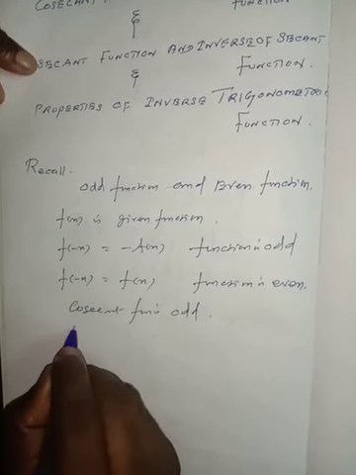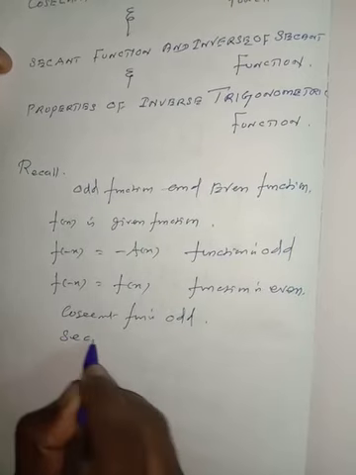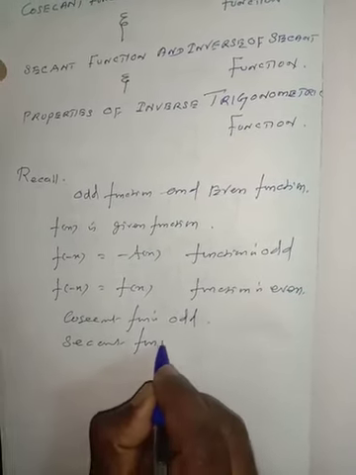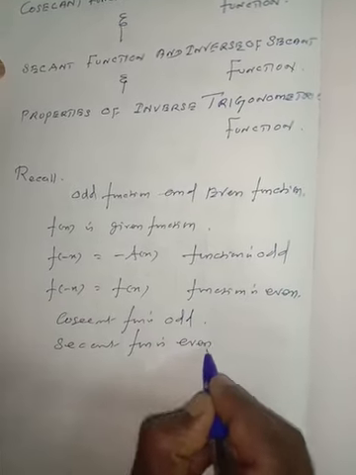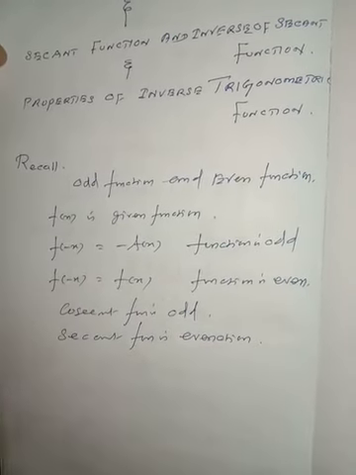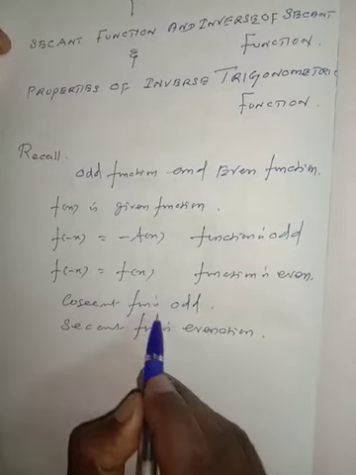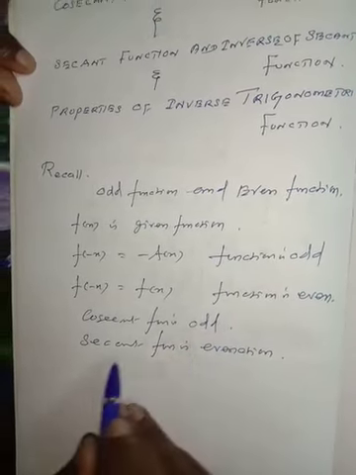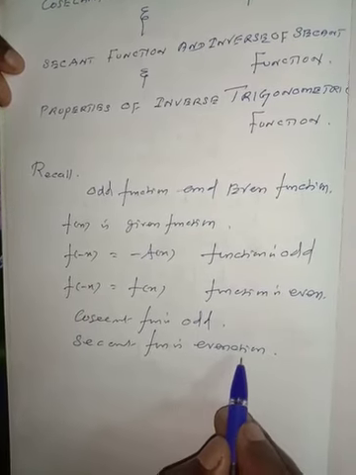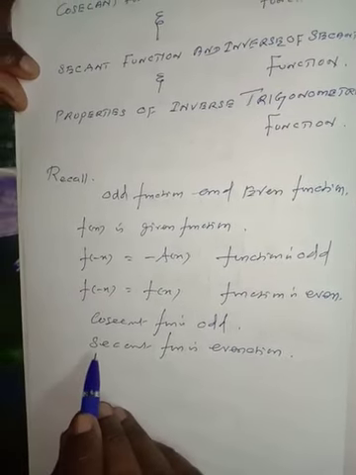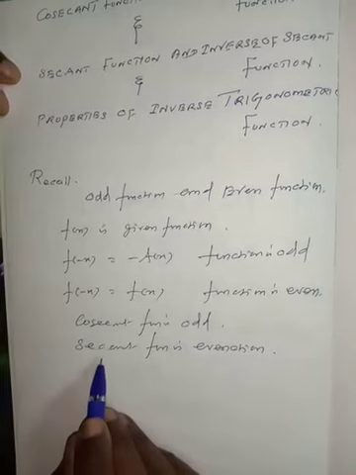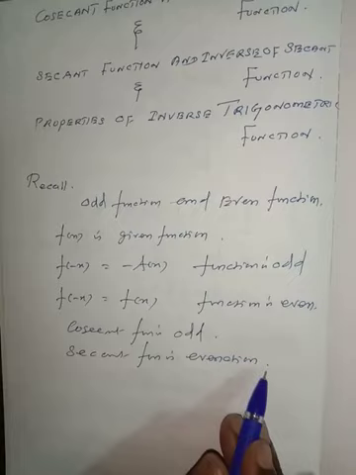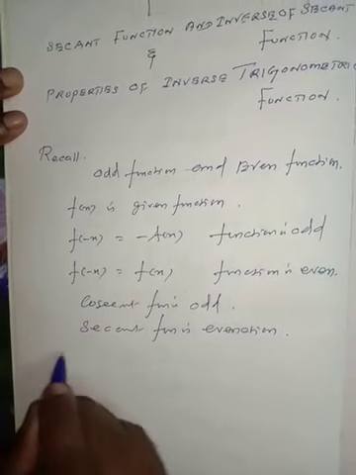Therefore, the secant function is an even function. Cosecant function is 1 by sine function. Sine function is odd. 1 divided by an odd function is an odd function. Secant function is an even function. Why? The reason is the cos function is even, so 1 by cos function is also even. Therefore, even function.